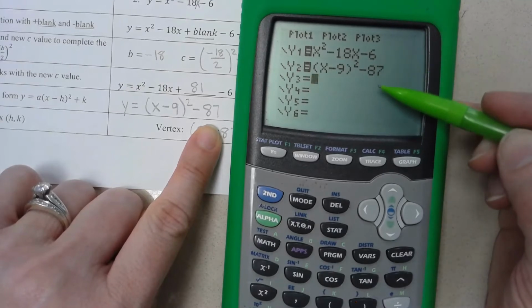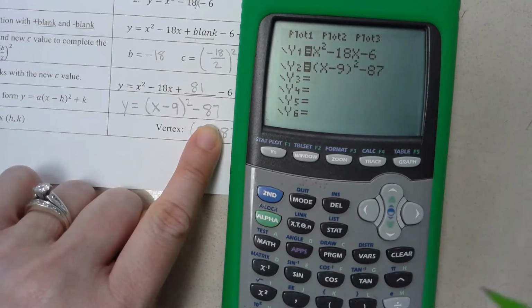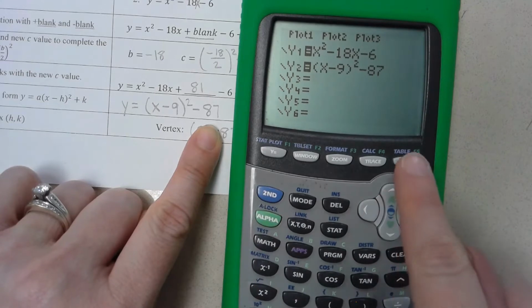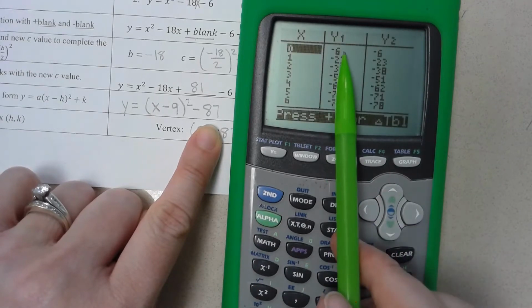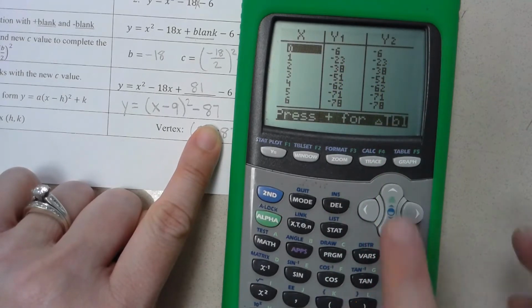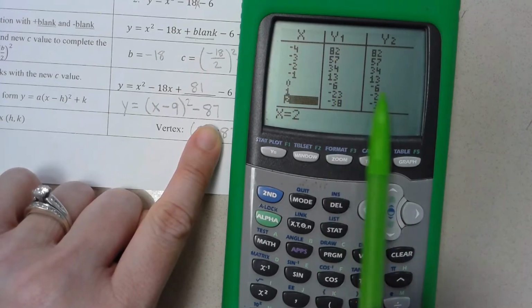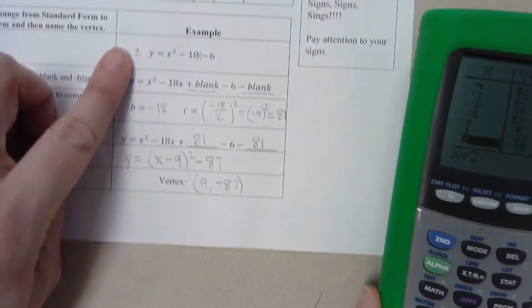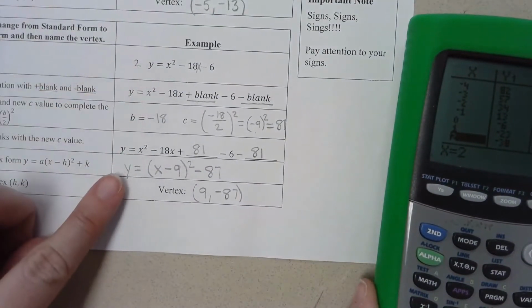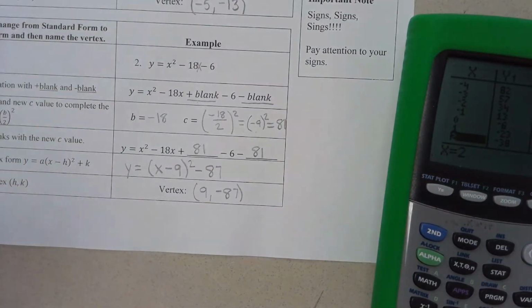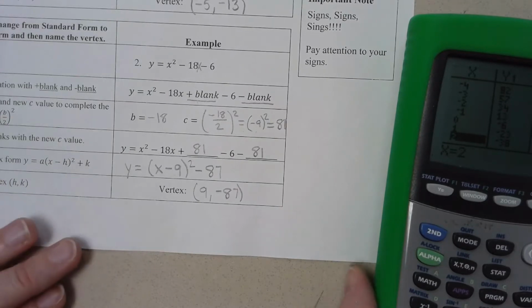First of all, we want to see that these are truly equal to one another. So if you go second table, we first notice in the y1 and the y2 column, no matter how much you scroll up and down, those values do match. So that's a way you can know that your standard form and your vertex form are equivalent with this complete the square method.